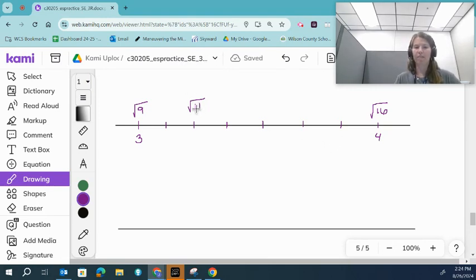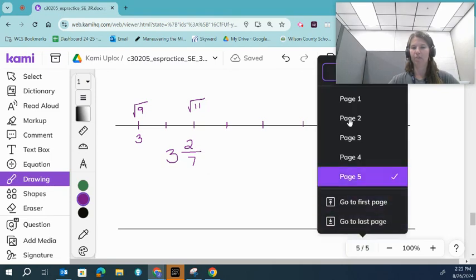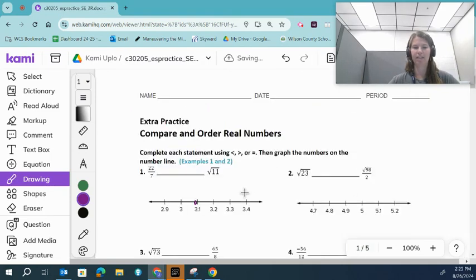So the square root of 11 is going to be 3, and there are 7 spaces between the square root of 9 and the square root of 16. So I'm going to use 7 as my denominator. And then 11 is only 2 out of those 7 spaces. Okay, so let's jump back up. So I have 3 and 2 sevenths.